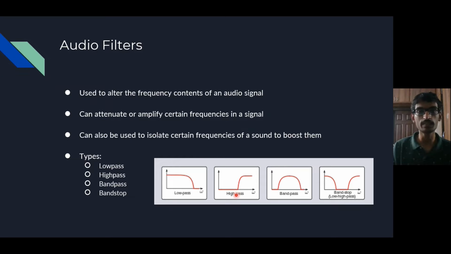It attenuates frequencies below the cutoff and passes frequencies above it. A band pass filter allows frequencies only in a certain range or band to pass through the filter, and all the others are attenuated. A band stop filter is just the opposite, which allows all frequencies to pass except for the frequencies in a specified band.